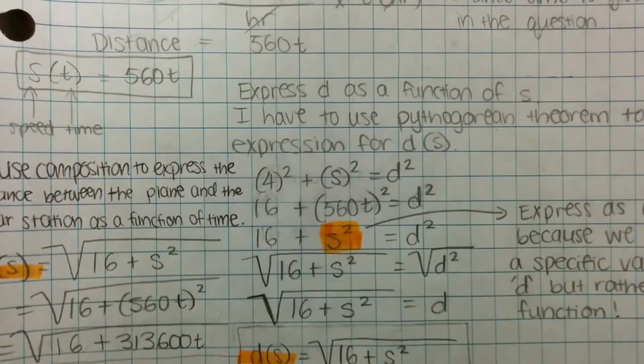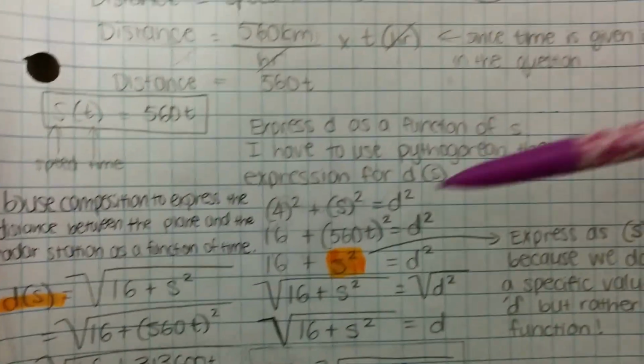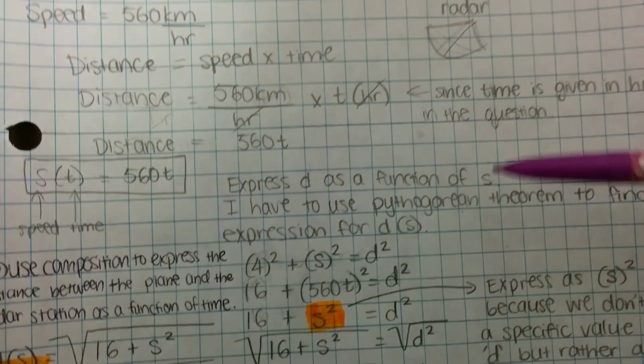So what I did was 4 squared, because we're given 4 kilometers, plus s squared is equal to d squared.